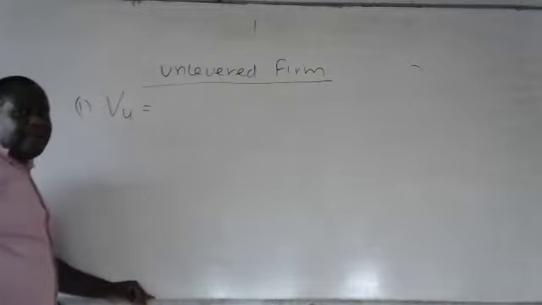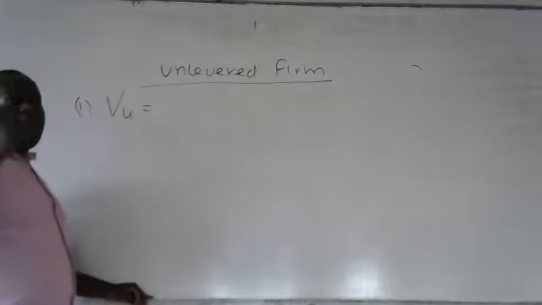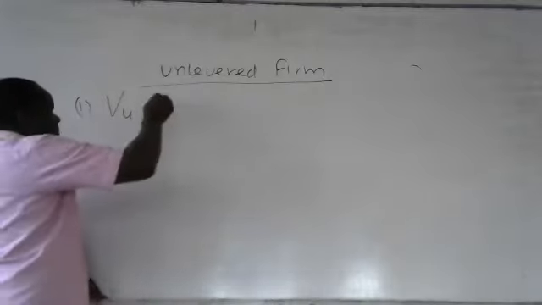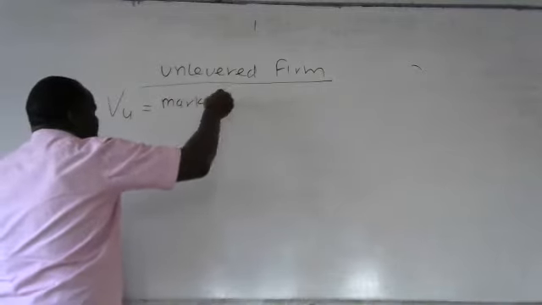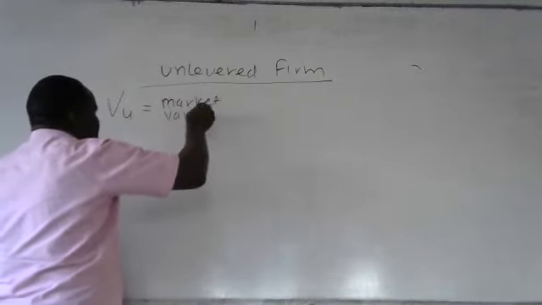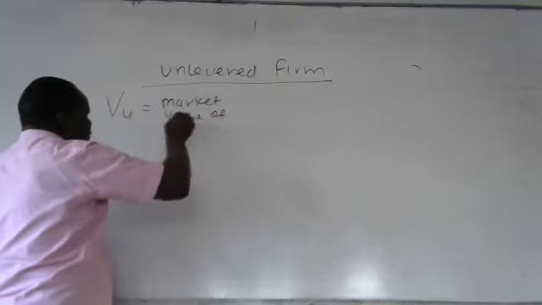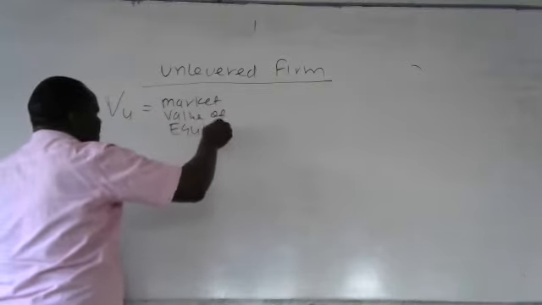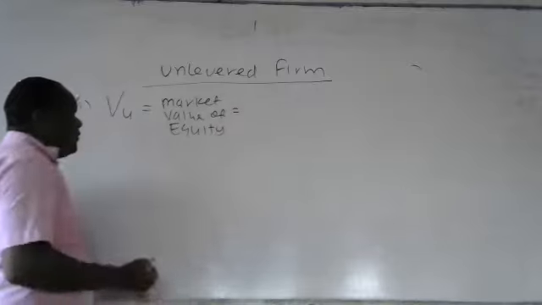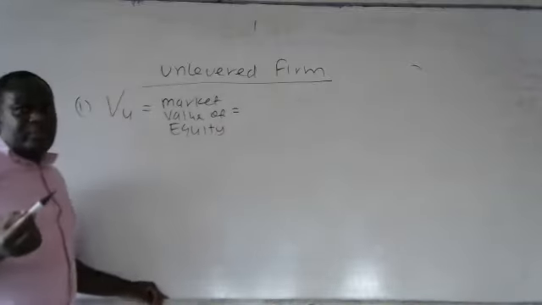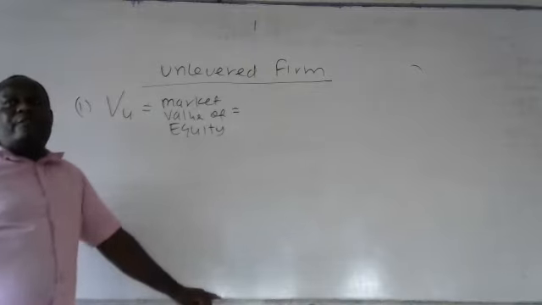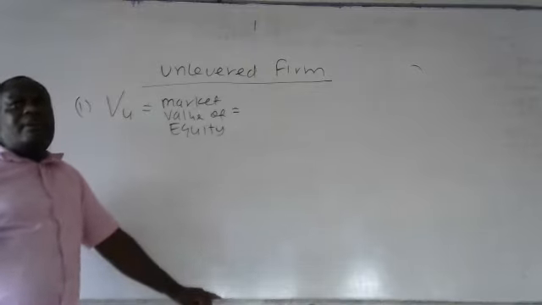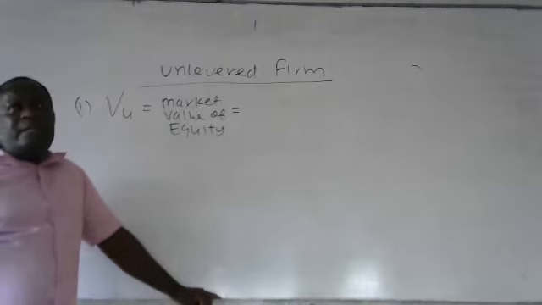When the farm is unlevered, the value is the same as the market value of equity. The other equation I gave you was earnings before interest and tax, times 1 minus the tax rate, divided by KEU.